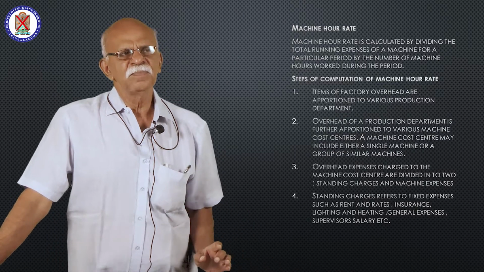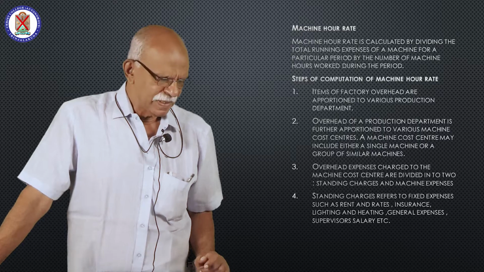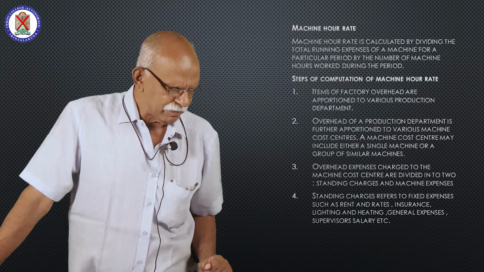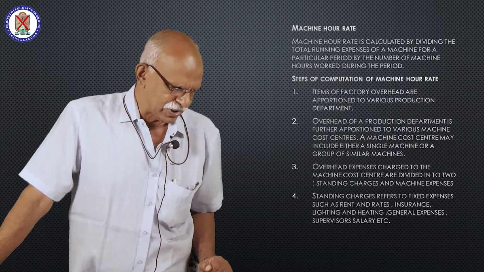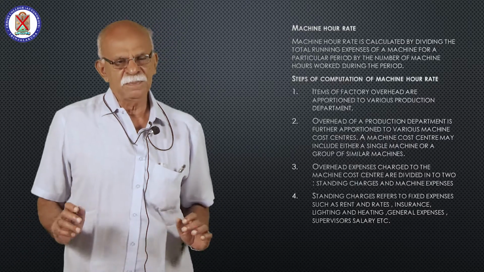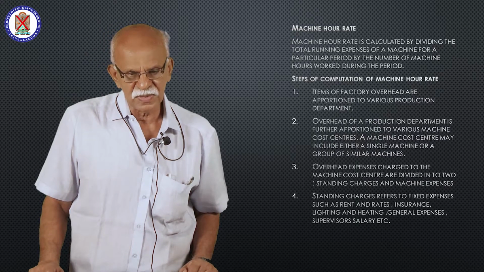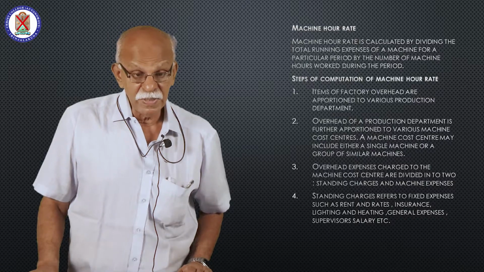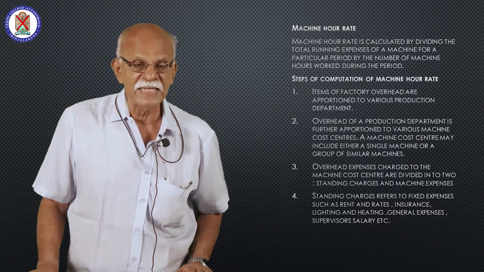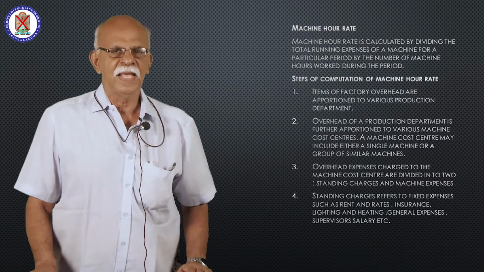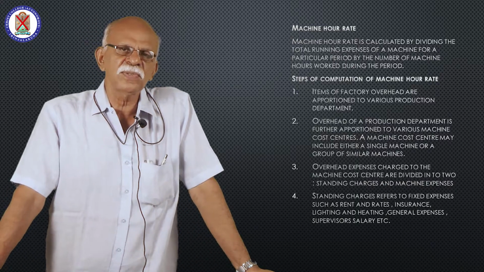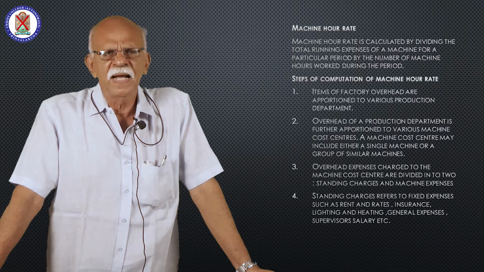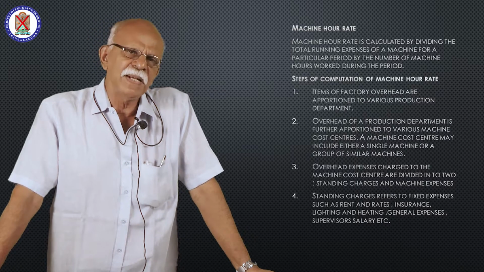Examples are depreciation, repairs and maintenance, power, steam and water, etc. So the important point when you calculate the machine hour rate is that all expenses have to be segregated into standing charges and machine expenses. Standing charges are also called fixed charges and machine expenses are also called variable expenses.